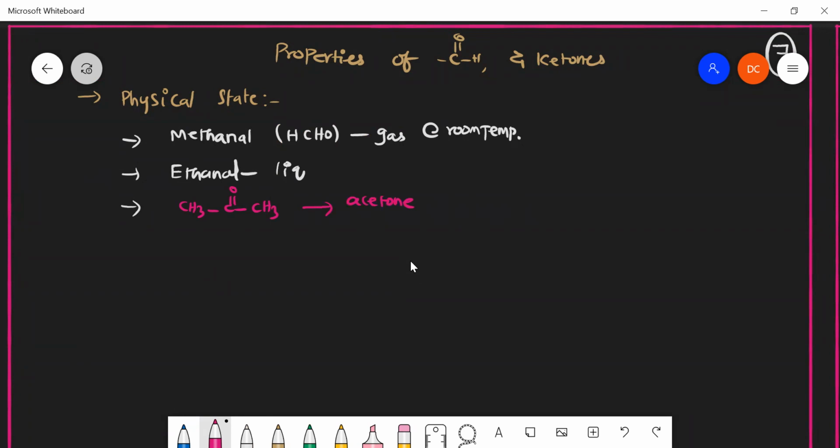Yes, acetone, or propanone. It acts as a good solvent, and it is a liquid. If you go to the higher aldehydes and ketones, they may exist in the form of solids also.